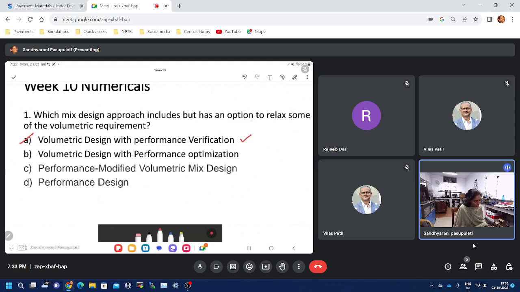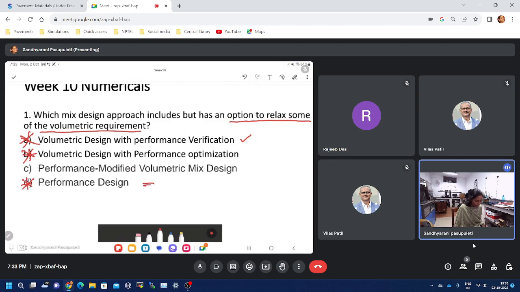In the question they are asking for an option to relax some of the volumetric requirements. No, we cannot relax any of the volumetrics in approach A. When it comes to approach B, the only difference is that we can increase some amount of binder content, but we still need to satisfy the volumetric design. So it is not option B also. And if you come to option D, the performance design, there is no volumetric criteria itself.